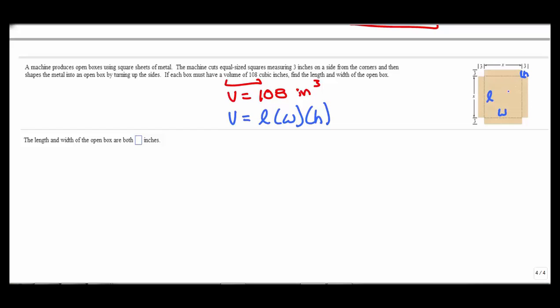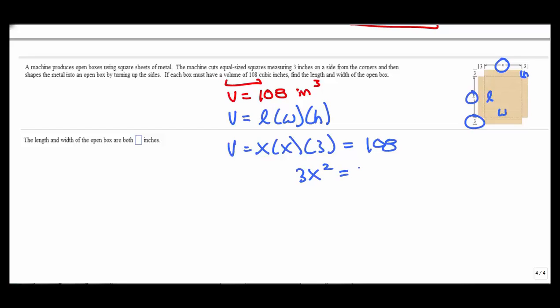So when I talk about the formula for volume of a box like this, I have length times width times height. So I could call this length, this could be width, and then this height is the amount that's folded up. It's this little itty bitty value right here is our height. Well, from my picture, it looks like to me that length is x, width is x, so this must be a box with a square base, and height looks like it's equal to 3, and that's indicated in all those corners. And they gave me my volume as 108. So I basically have 3x squared equals 108. And then I solve from here.